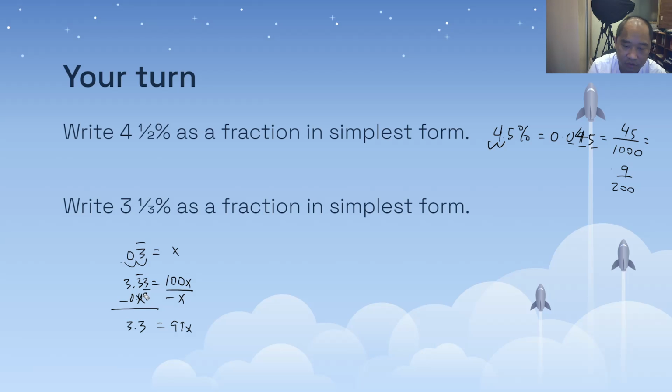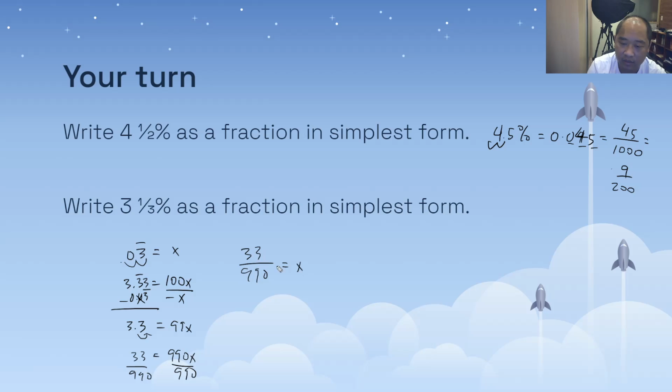Right? Yeah. Am I doing this right? Yeah, I am. Okay. So then we have to multiply both sides by 10 again. So this will be 33 equals 990x. Divide both sides by 990. And that gives us 33 over 990 equals x.